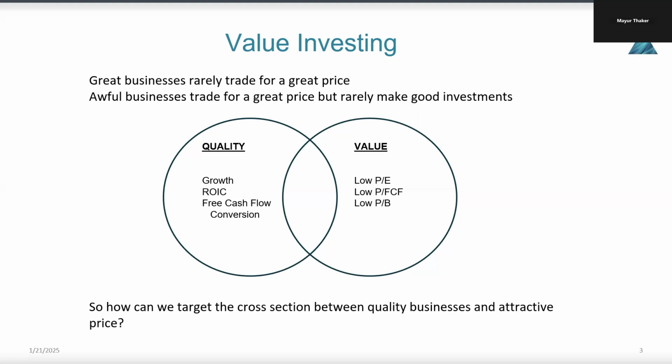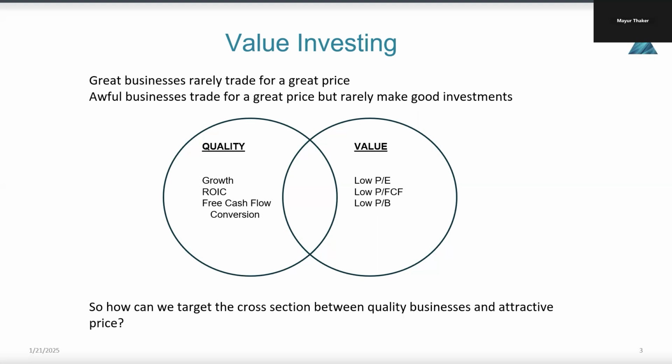And awful businesses trade at a great price, but they rarely make good investments. You can own companies that trade at low multiples and, for the last decade plus, underperform the S&P by a vast margin. And so a lot of value-oriented strategies that focus on low price multiples have underperformed massively versus the S&P 500 for 15 years now.